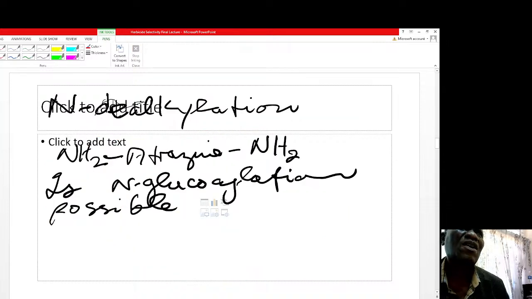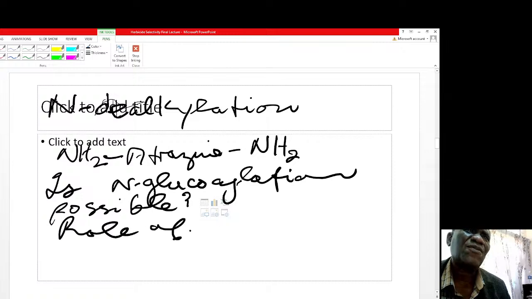Let's go back to our question. Is any glucosylation possible? By any glucosylation, what I mean is, is sugar going to detoxify this atrazine as well?